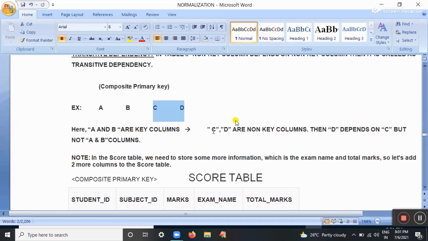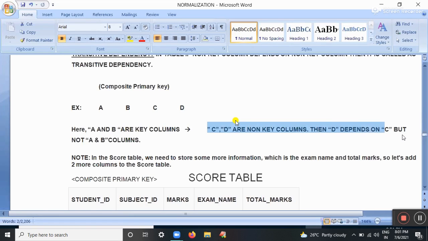Then D depends on C, but not on A and B. D is a non-primary key column that depends on C, which is also a non-primary key column. D should not depend on A and B, because A and B are the primary key columns.